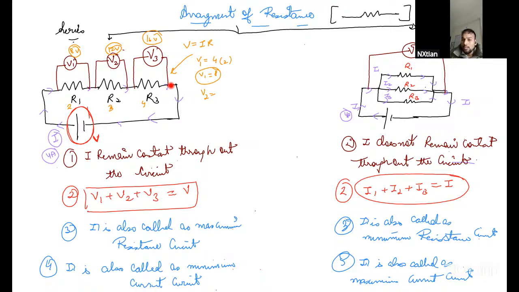I told you that R is inversely proportional to I. If more R is there, less I will be there. Understood? Yes or no? In the same way, the parallel circuit is called the minimum resistance circuit. So if minimum resistance is there, then the current from the battery will be more. Did you understand? It will be more.